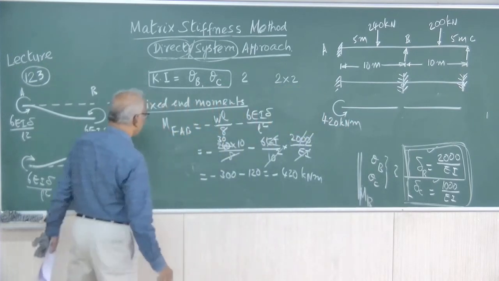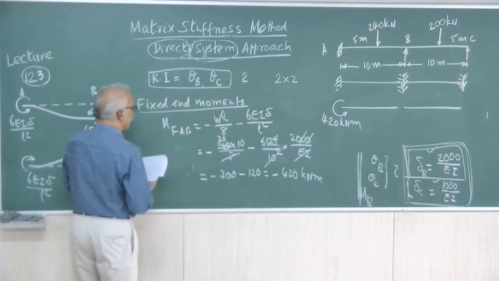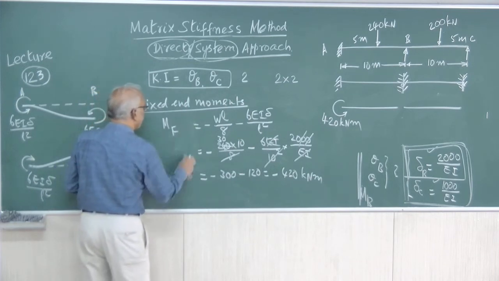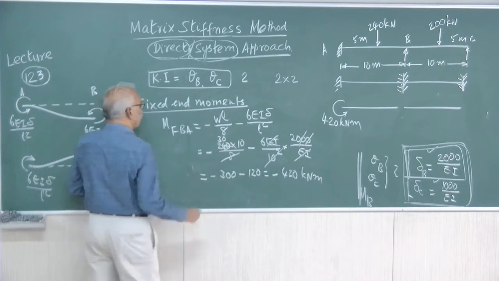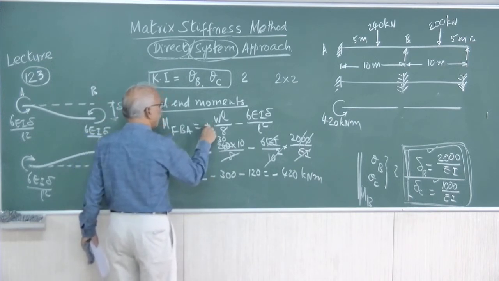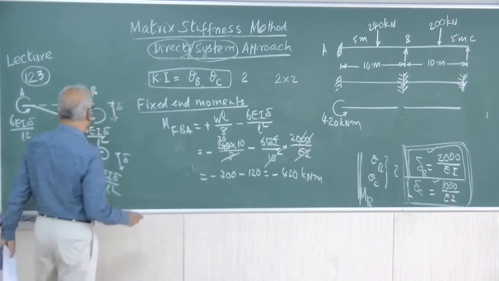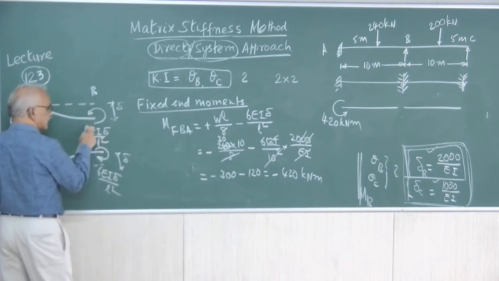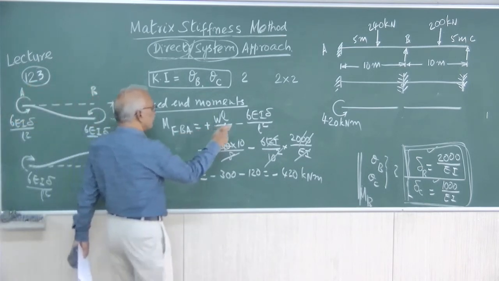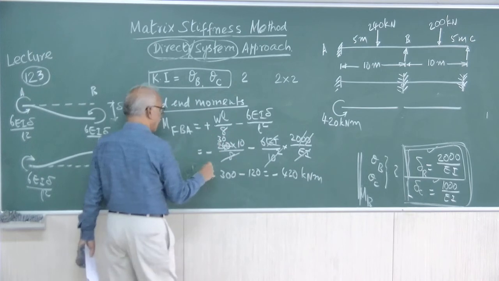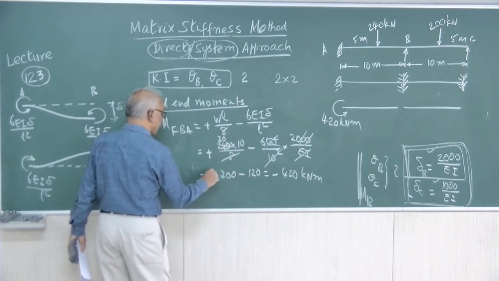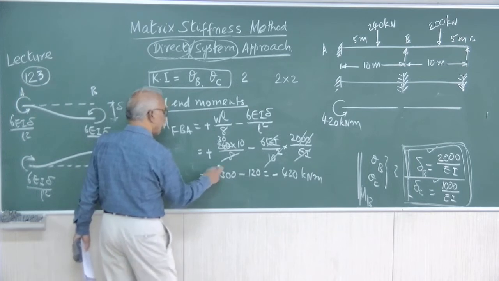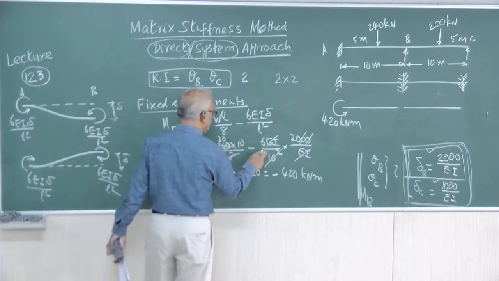Then M of BA will be plus WL by 8. Again, the moment due to this is minus, therefore this minus will become plus. The value will be the same. Therefore, this is plus 300, and this is only minus 6EI delta by L square.